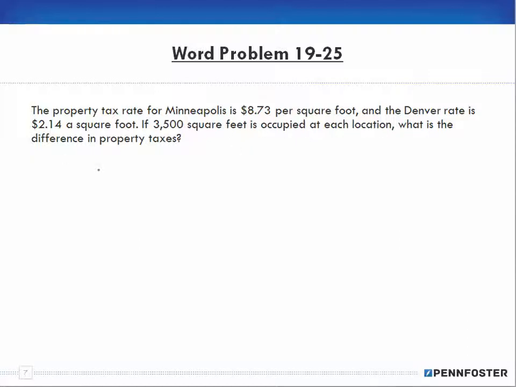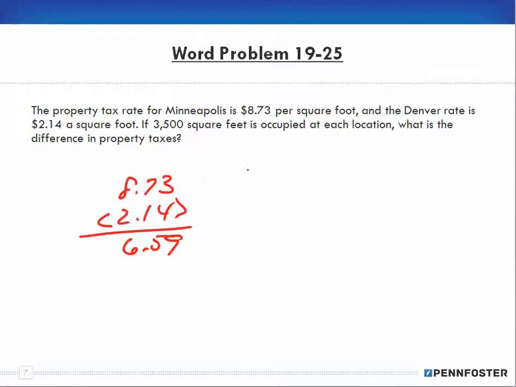So let's subtract, and we end up with 6.59 more per square foot in Minneapolis than in Denver.